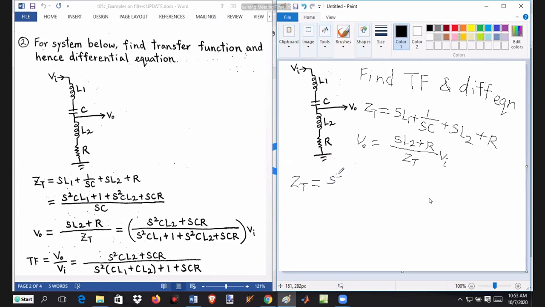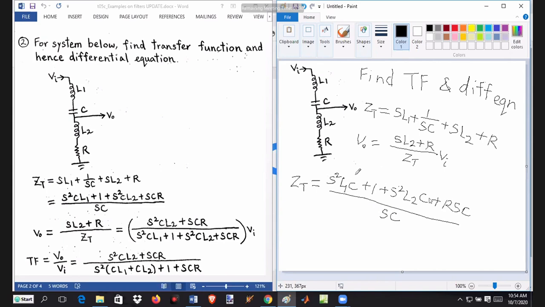S square L1C plus 1 plus S square L2C, plus RSC, divide the whole thing by C. Right, this is the total impedance. So you have the total impedance already.